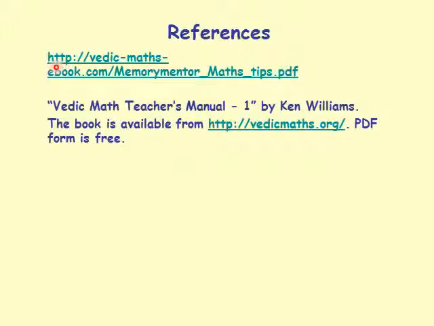And this write-up contains many more topics like multiplication by 11, multiplication by 12, square of numbers ending in 5, adding and subtracting times, and some more. So do go ahead and use this PDF booklet here for further topics for shortcuts and tips.